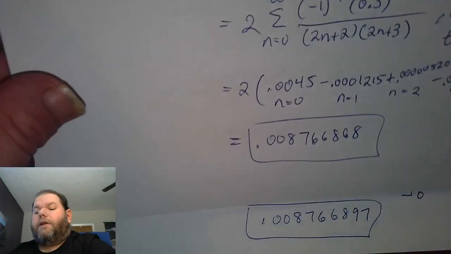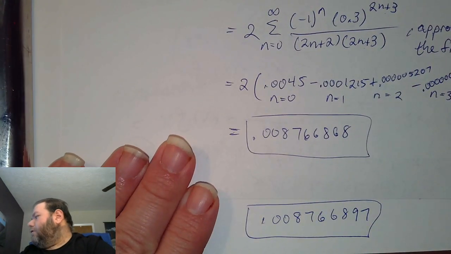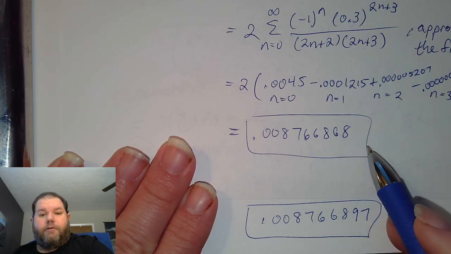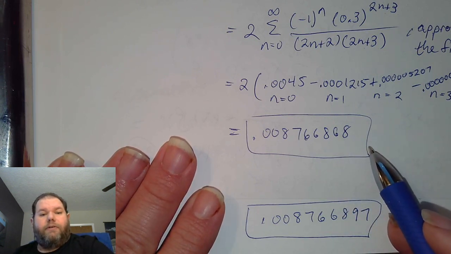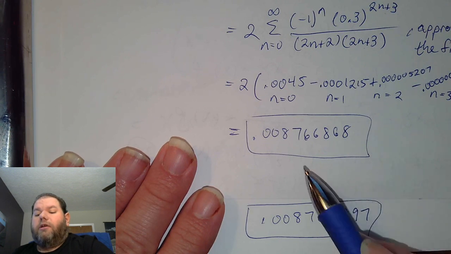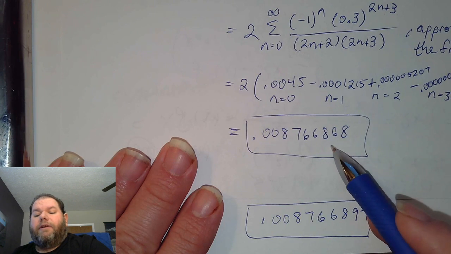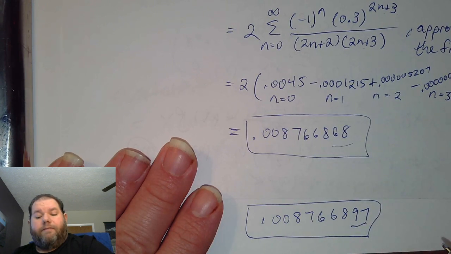And we compare that now with the value that we got from the first 4 terms of our power series approximation. 0.00876688, and then right here we see the difference. So it's actually really close.